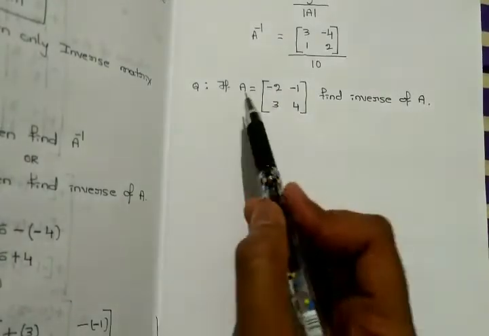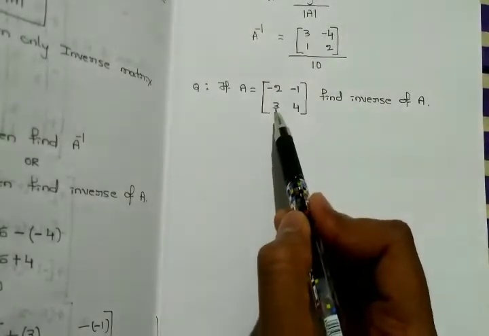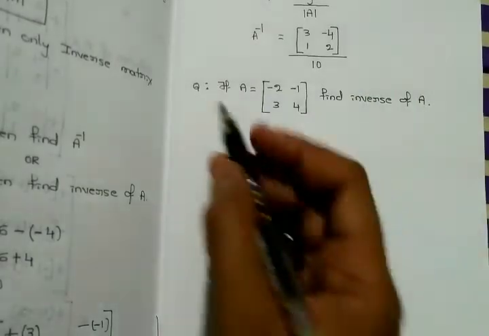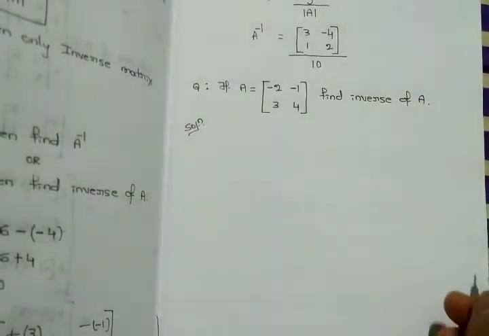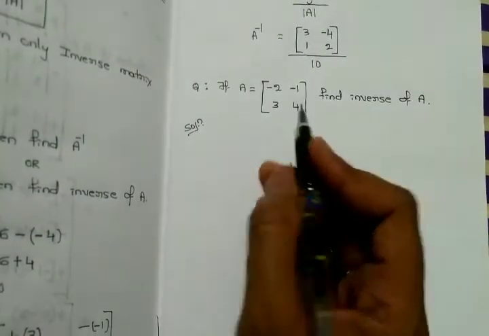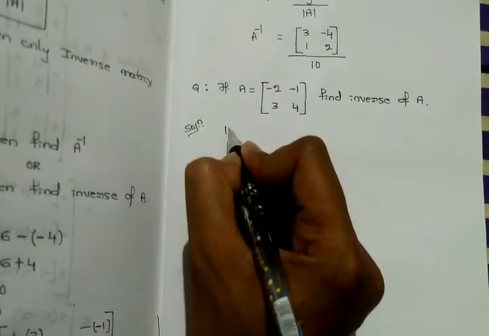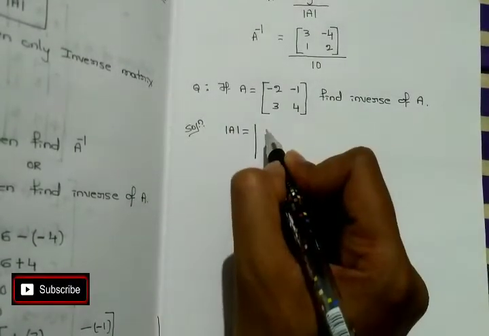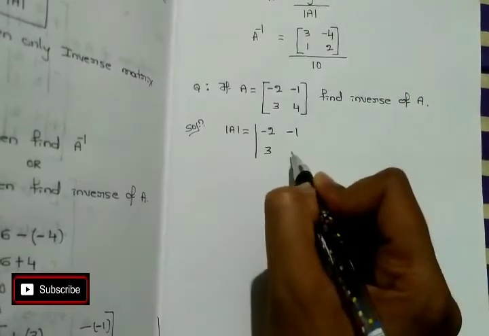Next example. If A is equal to minus 2, minus 1 first row, 3, 4 second row, find the inverse of A. Solution. So first step, find the determinant of A. So determinant of A is equal to the determinant symbol with -2, -1, 3, 4.